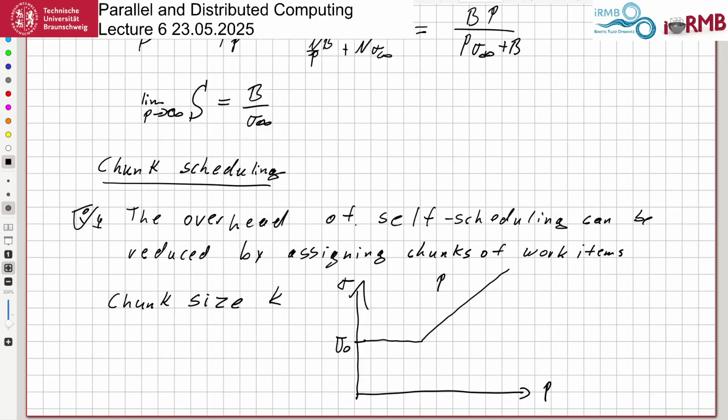But now this increase is because you ask less often to get more work from the master. The master is lesser occupied, and has less work to do.